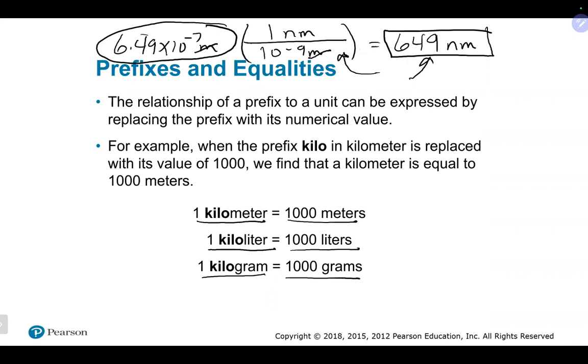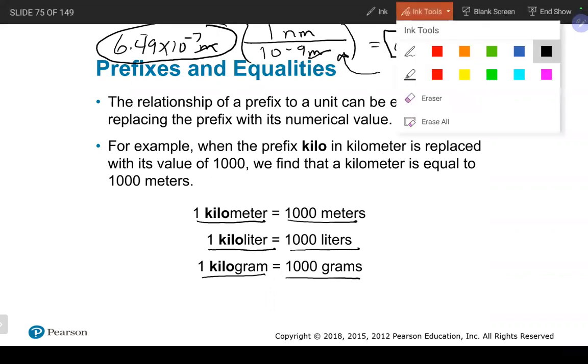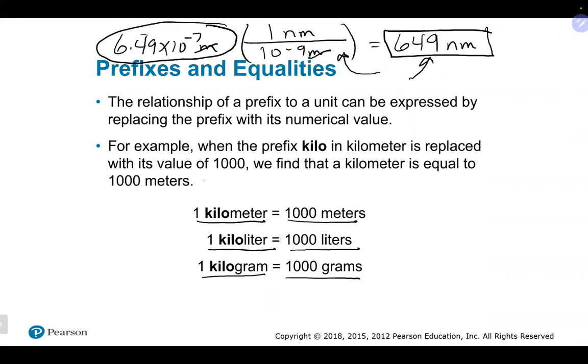Question on that there? Yeah, so how I would put it in is I would roll 6.49. I would hit your exponent button, I would hit your negative button, and then 7. And then really you're multiplying by 1, so you don't really need to do that. And then you're going to hit your divide button to divide by what's on the bottom.